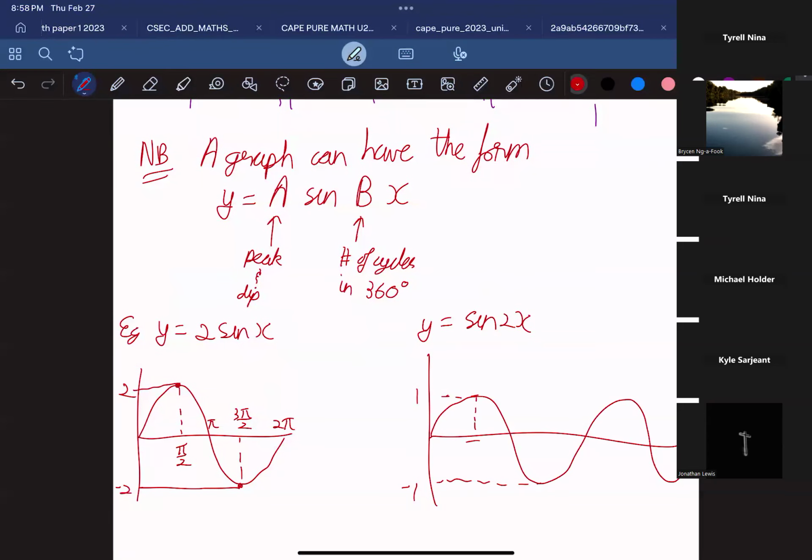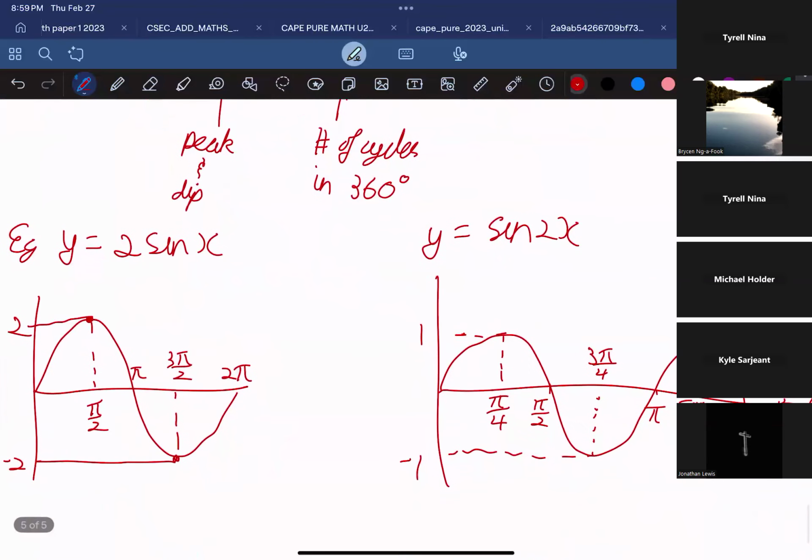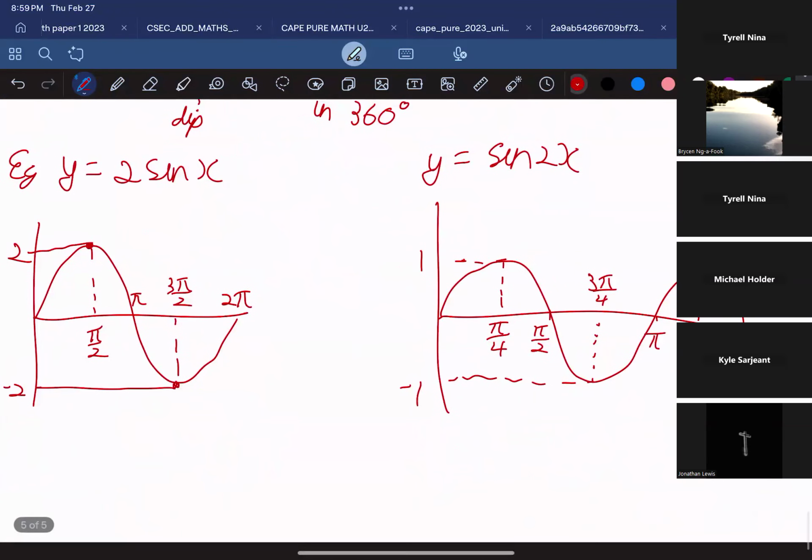But in this case, this will be pi over 4, pi over 2, 3 pi over 4, pi, 5 pi over 4, 3 pi over 2, 7 pi over 4, and 2 pi.